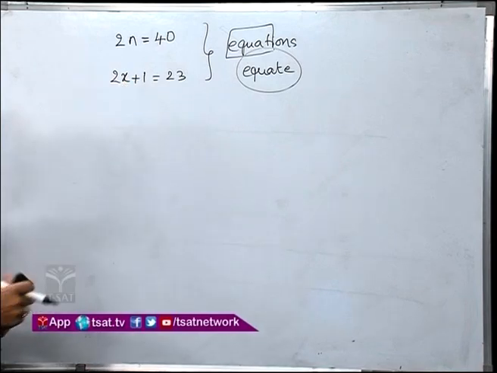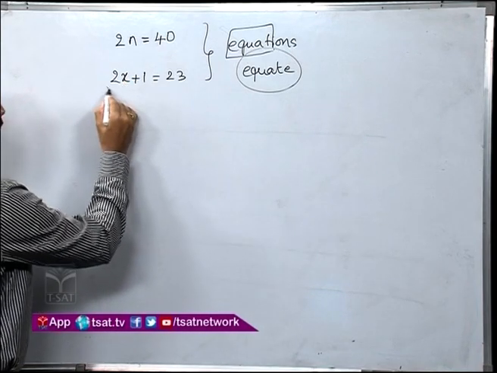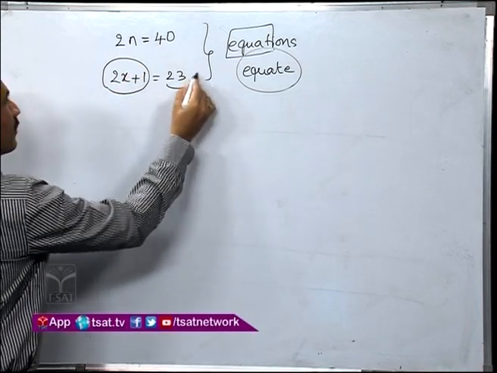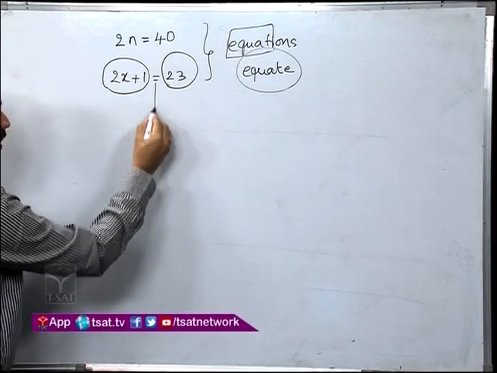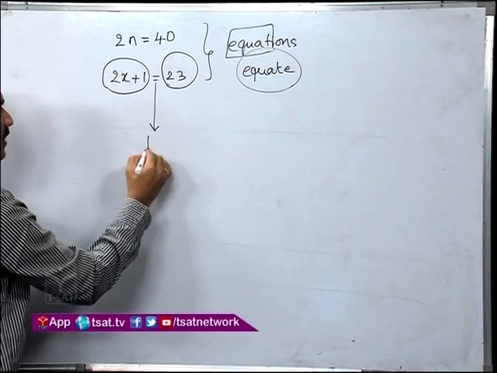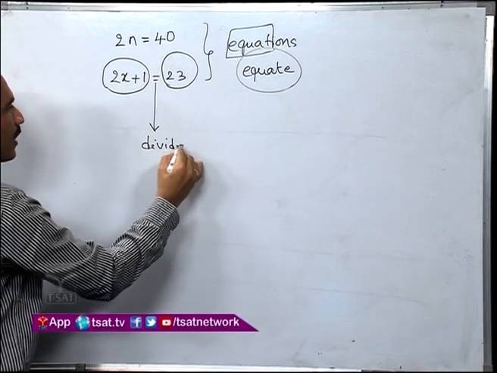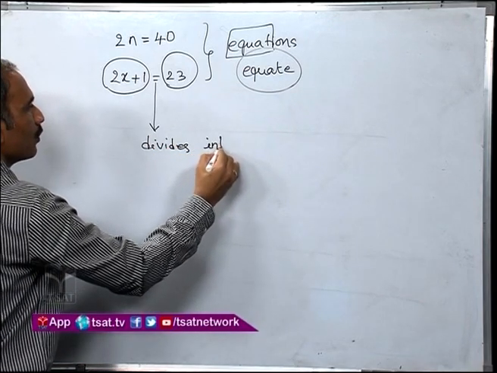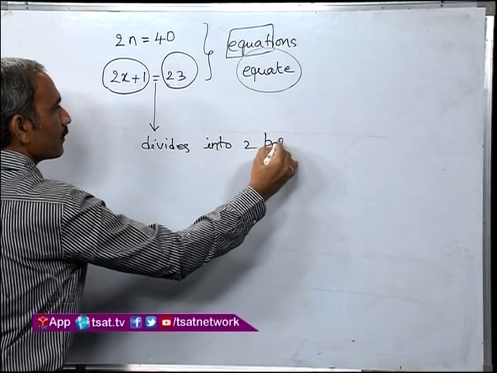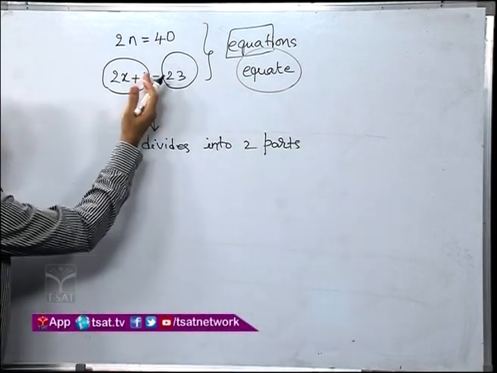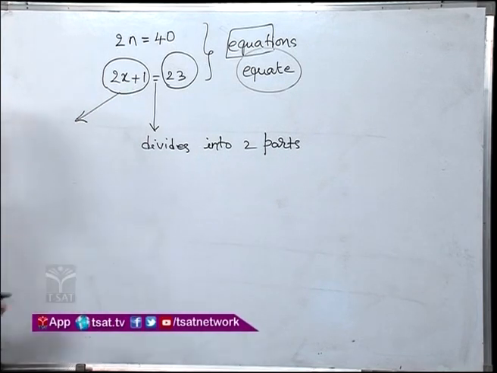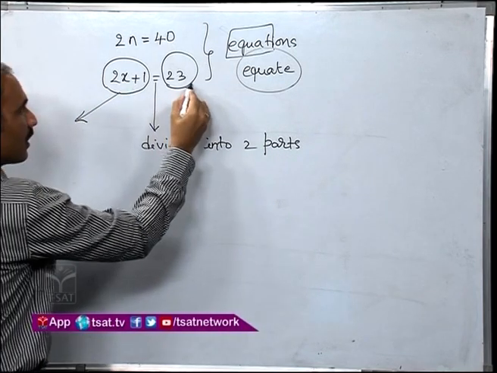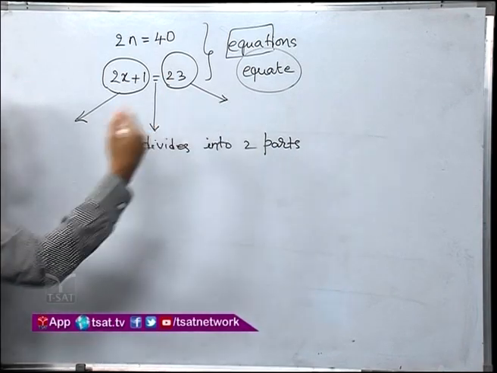Okay. Now if you take this equation, you can find two parts. This equal to symbol divides the equation into two parts. This part lies on the left side of the symbol and this part lies on the right side of the symbol.